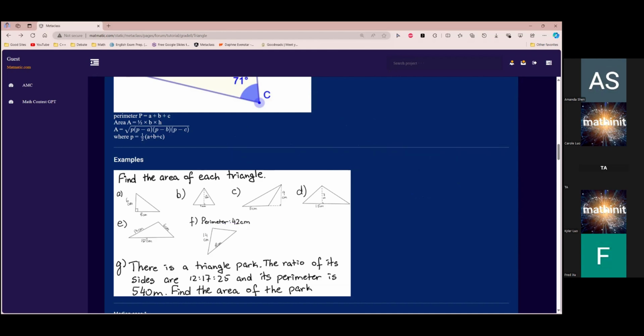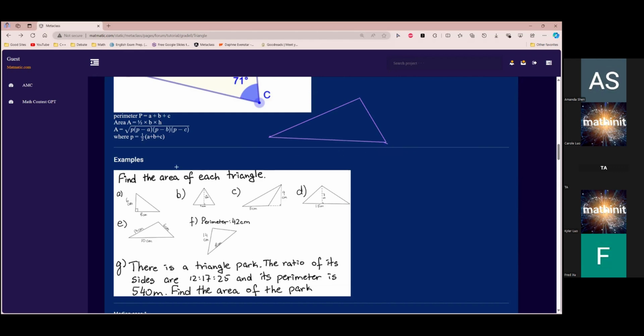Okay, so for the last question, you're given that the triangular park's sides have a ratio of 12 to 17 to 25. I guess you could sort of draw it out, so you'd have something like this.